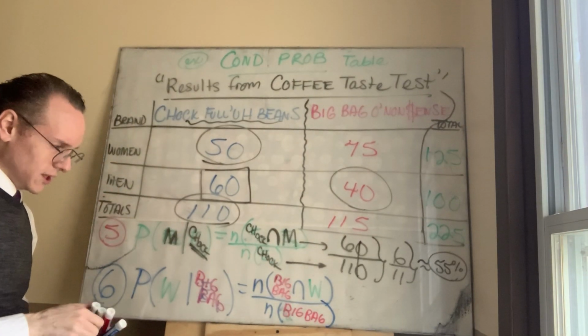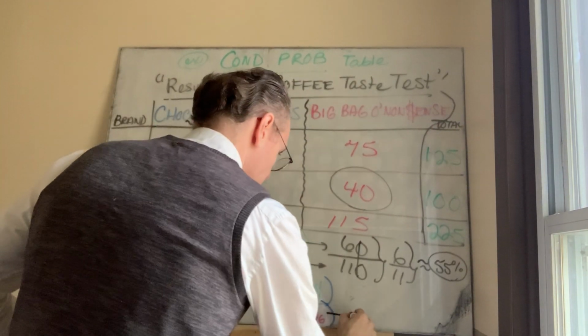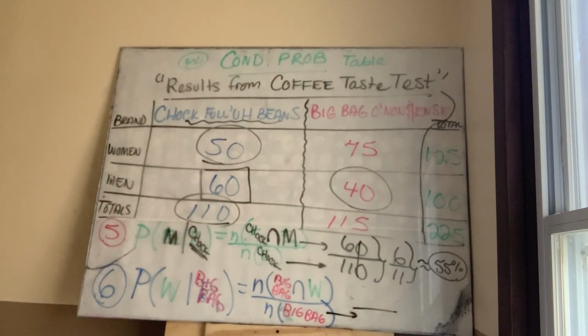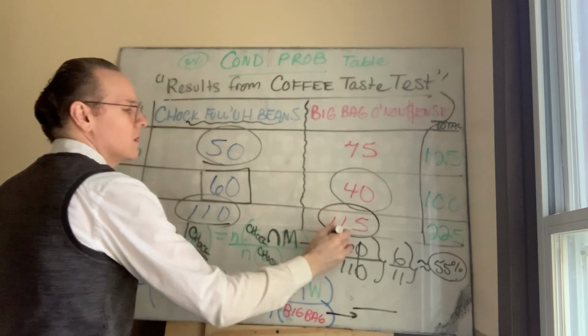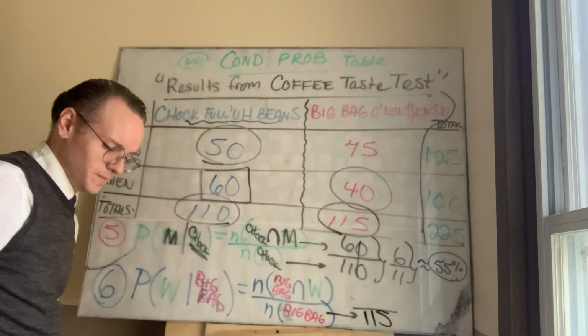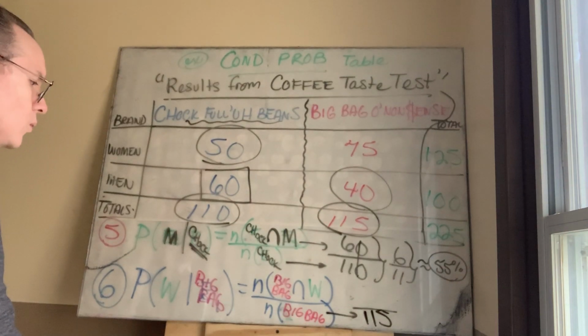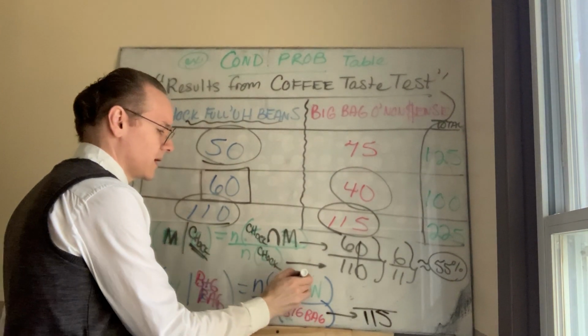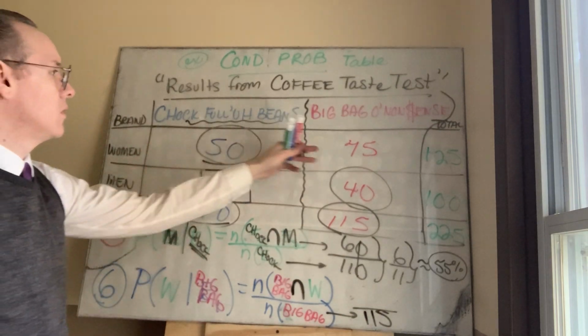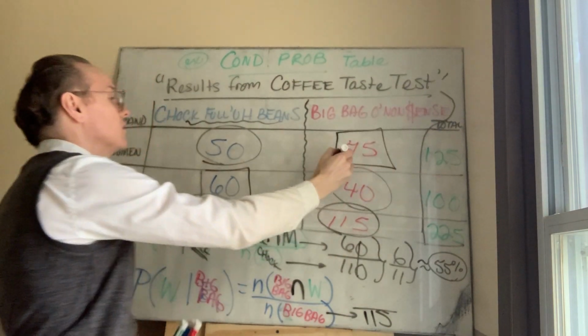So again, do the denominator because it's probably easier. What are the total number of big bag customers? 115. What is the intersection of big bag customers and women in general? 75.